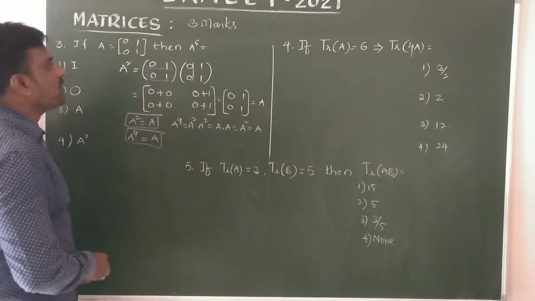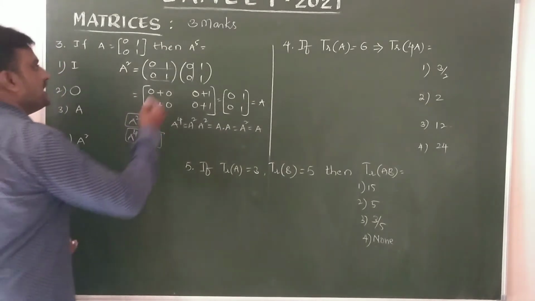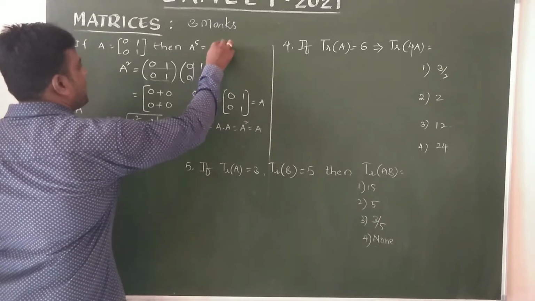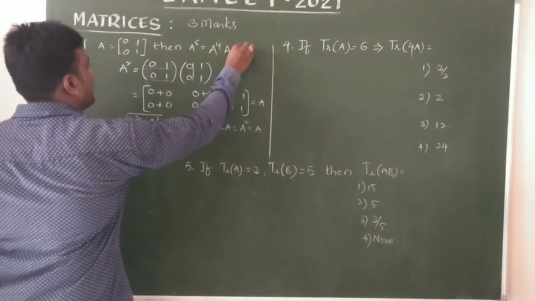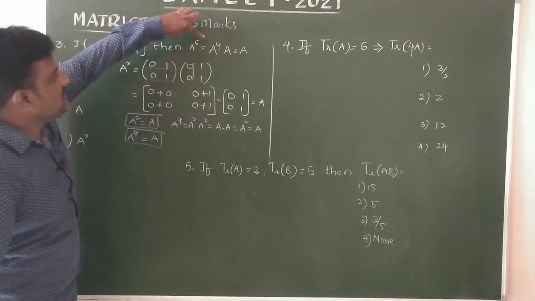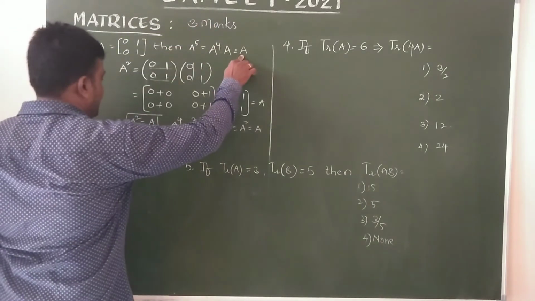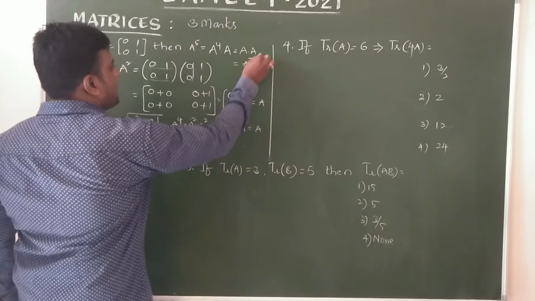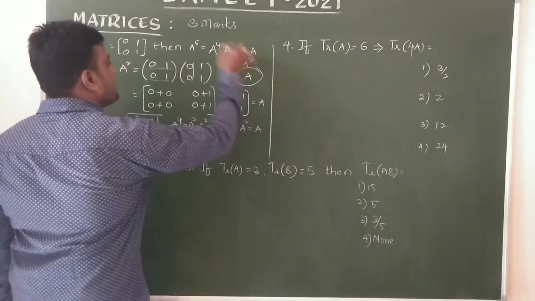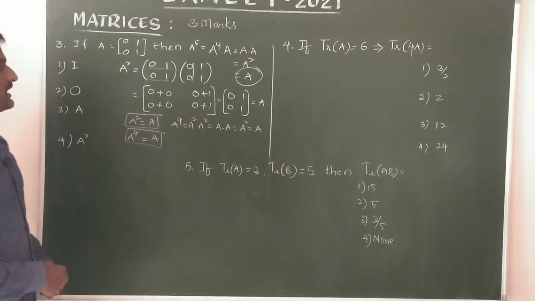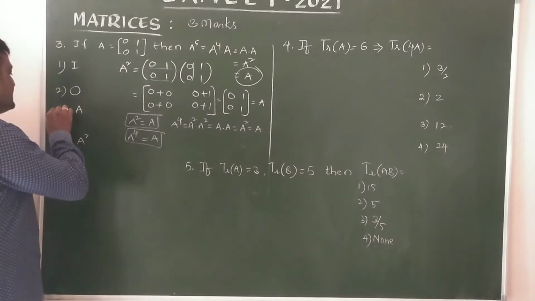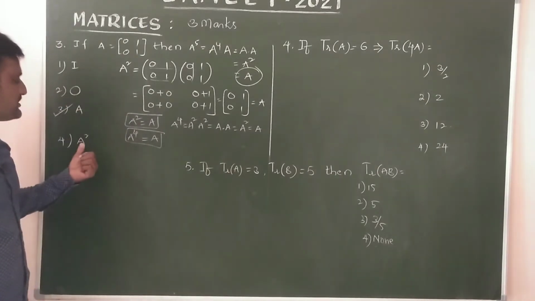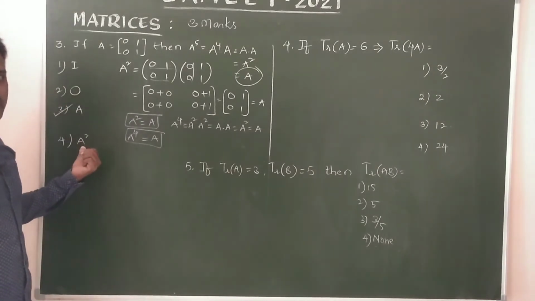Then what about A power 5? Definitely it should be A power 4 into A, so A power 4 is the A, already we have, into A, it is nothing but A square, which equals again A. Okay, now the option is the third one. Maybe A square also be one of the options, yes or no?